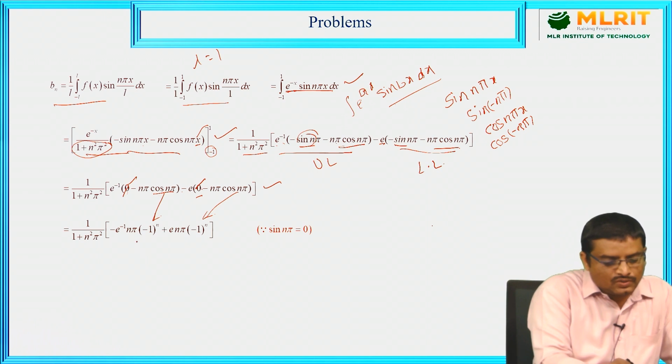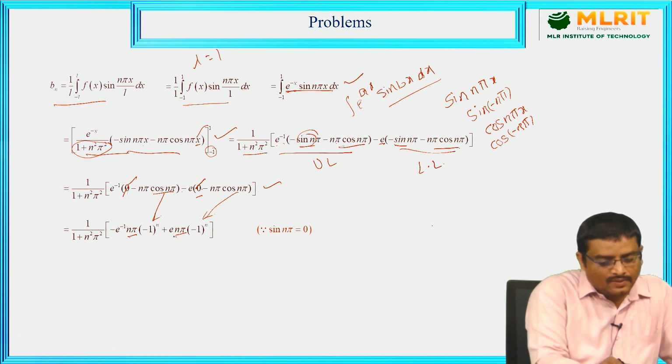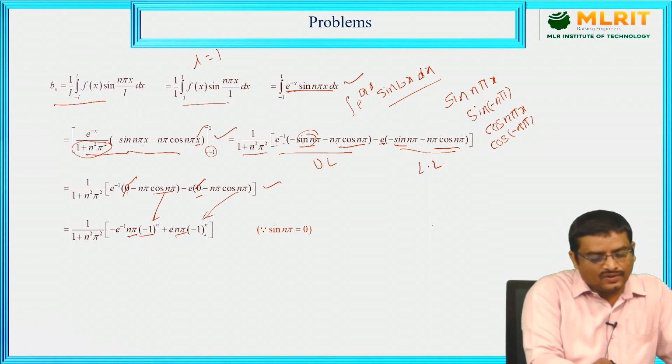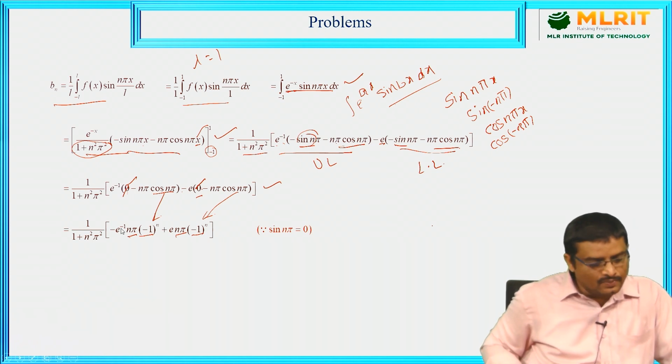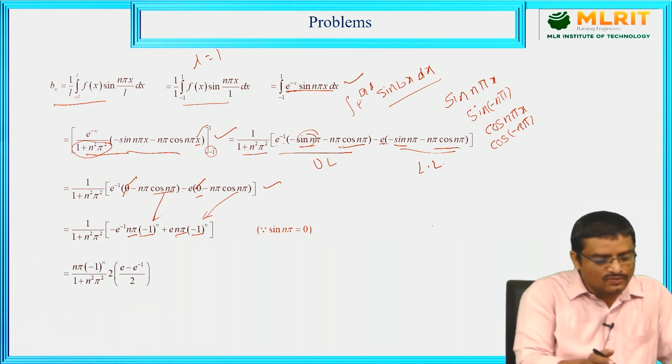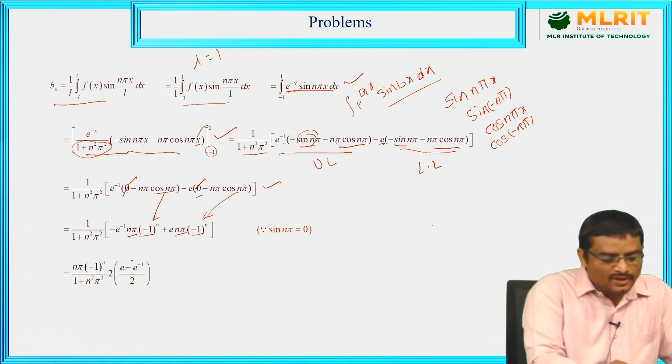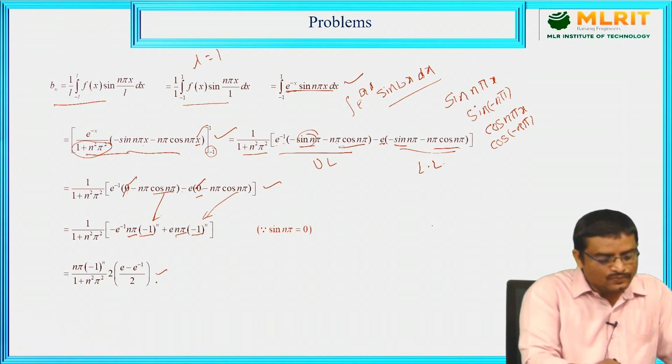In this also we are having n pi, minus 1 whole to the power of n, and here also minus 1 whole to the power of n. So we can take n pi minus 1 whole to the power of n outside. The remaining one is e minus e power minus 1. Multiply the numerator and denominator with 2, and in place of this we can take the hyperbolic function sin h1.